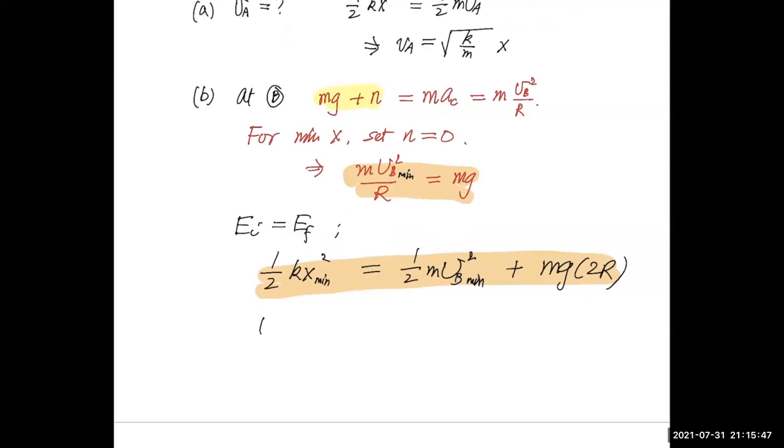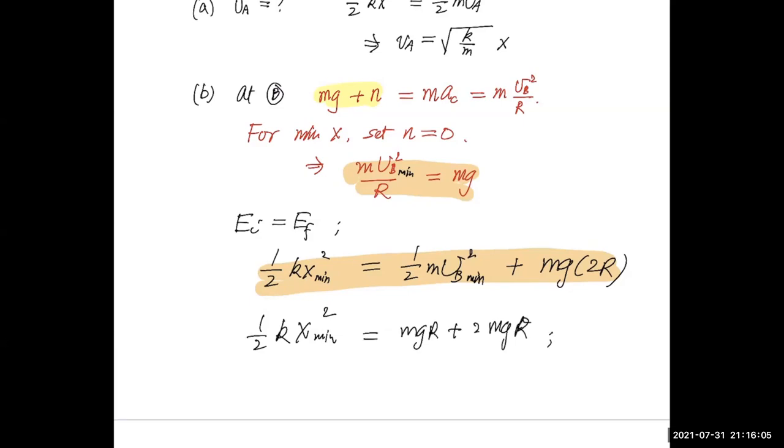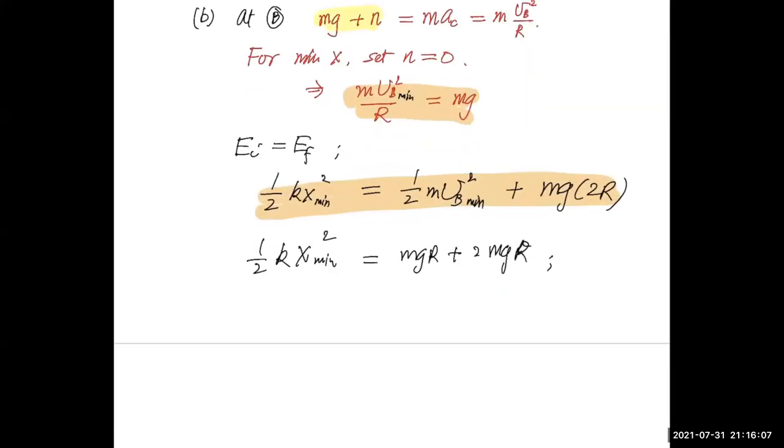I have 1/2 k x minimum squared equal to 1/2 m VB minimum squared, but m VB minimum squared equals mgr. So this is just mgr, plus another 2 mgr. Then I can find x minimum.